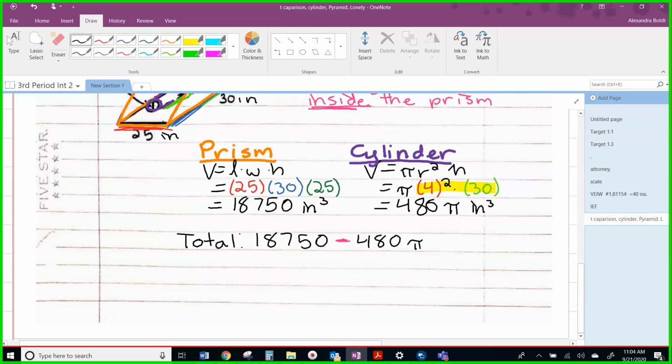Now, the most common mistake here is that we subtract 18,750 minus 480 in our calculator. But we have to be very careful. This one has a pi, and there is no pi in our prism, right? So these are not like terms, because of that pi.